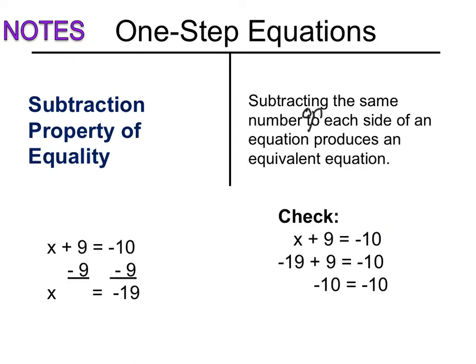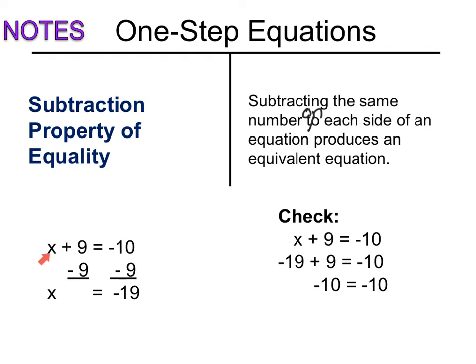All right, let's look at one-step equations and using the subtraction property of equality. What the subtraction property of equality says is that subtracting the same number on each side of an equation produces an equivalent equation. So we have the equation x plus 9 equals negative 10.